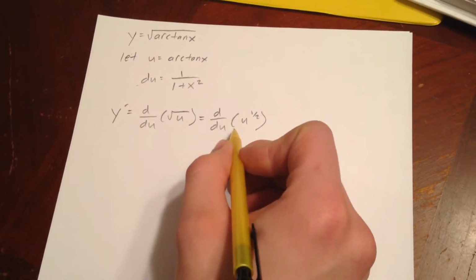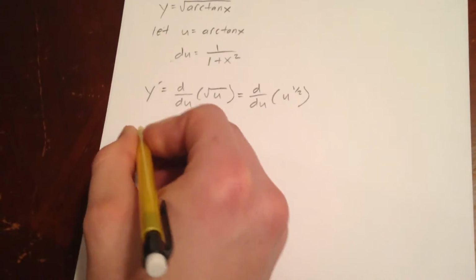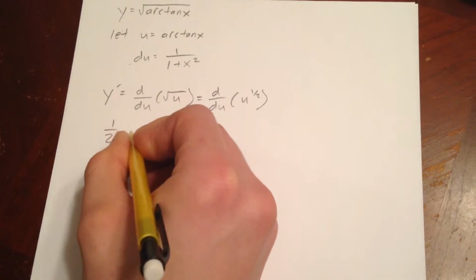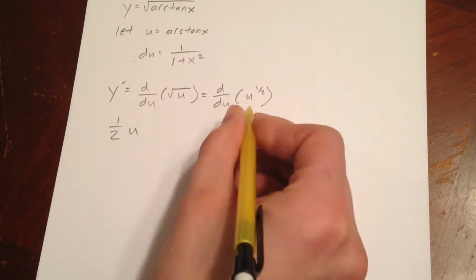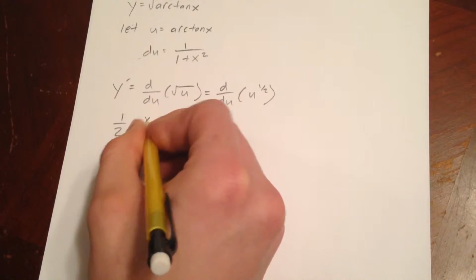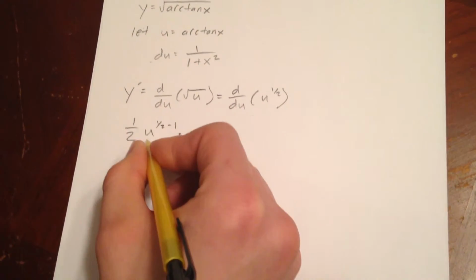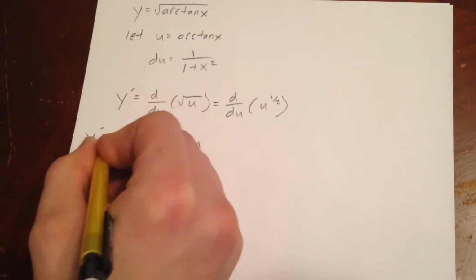Now we can take the derivative of this, which would be use the power rule, drop the half down and multiply it by u, subtract 1 from the exponent, so it would be 1/2 minus 1, and then multiply by the derivative of u, which would be du, and that's y prime equals that.